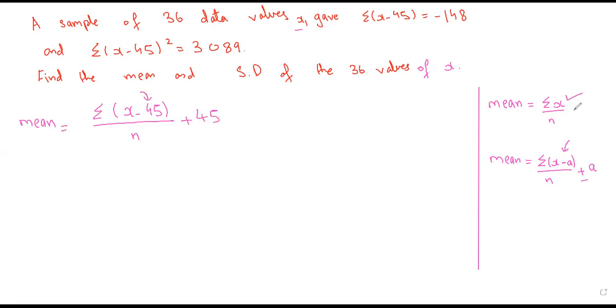Although this is the general mean formula, since I do not have information about summation x, that is why I would be using that formula. So summation x minus 45 is minus 148 divided by n, that is 36 plus 45.